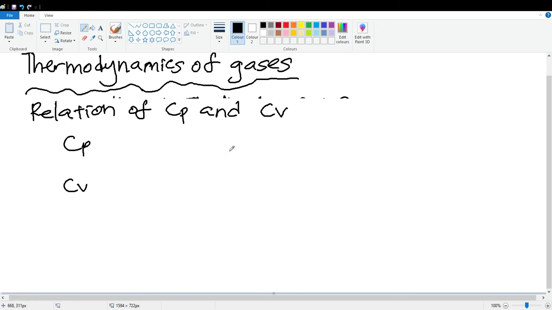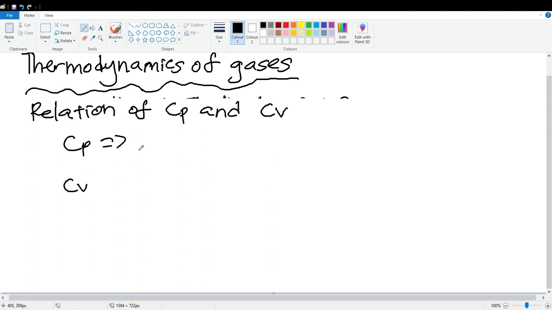As we discussed in the previous part, this is the specific heat capacity of 1 mole of gas at constant pressure, and this is the specific heat capacity of 1 mole of gas at constant volume. So what is actually meant by this?